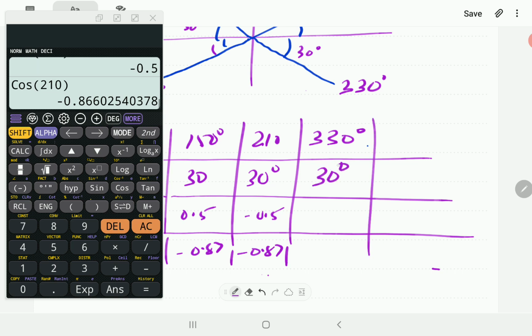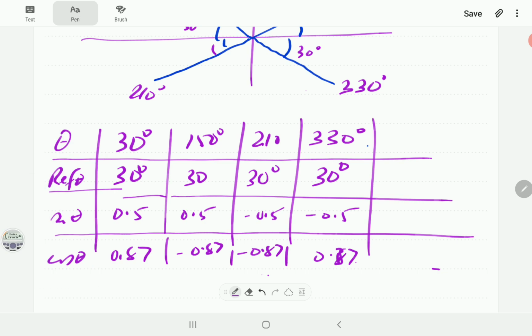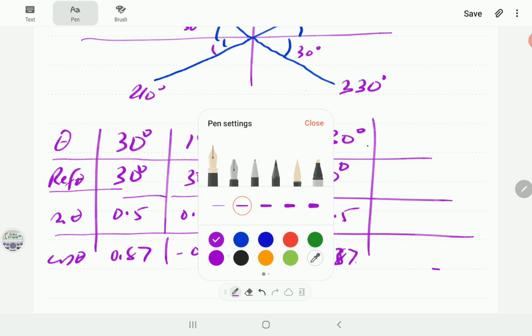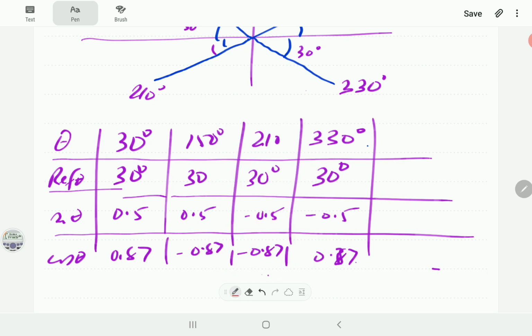The ref again is 30. Sine 330 is negative 0.5. Cosine 330 is 0.87. Now, what do we notice? Well, we notice that all the sine values are 0.5.